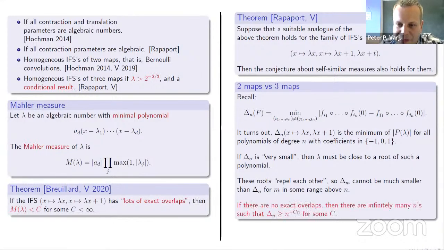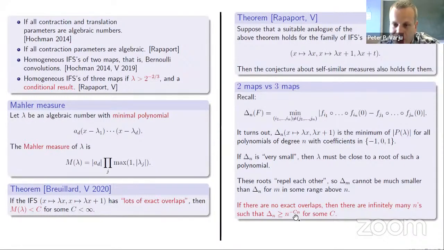So what I mean precisely is that using this argument, you can prove the following: if you don't have exact overlaps, so it just means that delta n is positive for all values of n, then there are infinitely many values of n for which you have a bound of this shape, that delta n is larger than n to the minus cn.